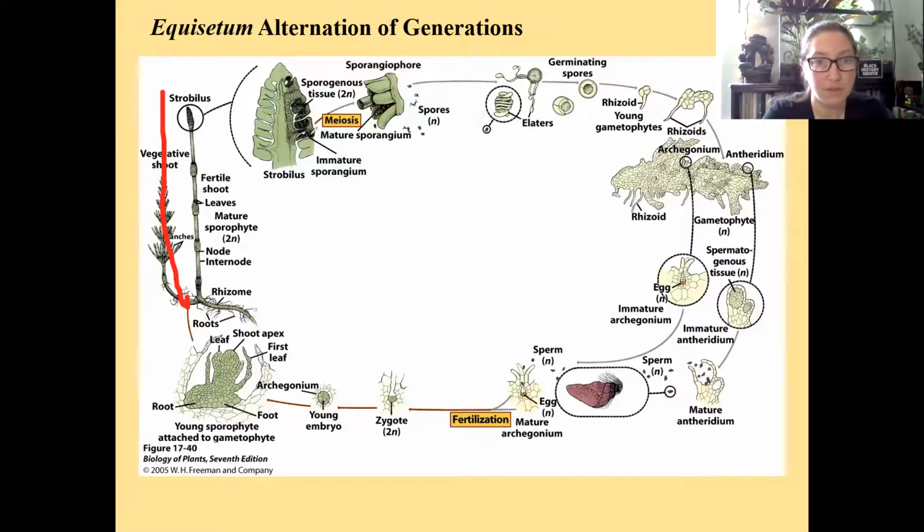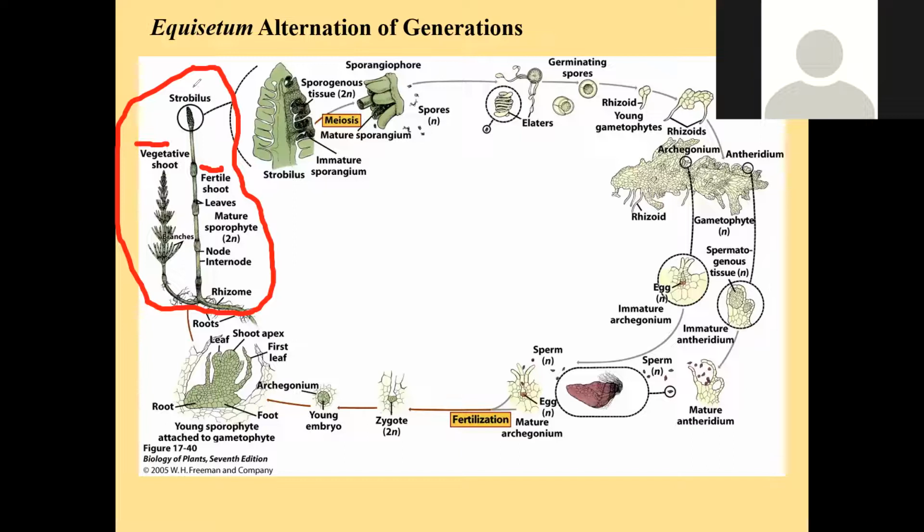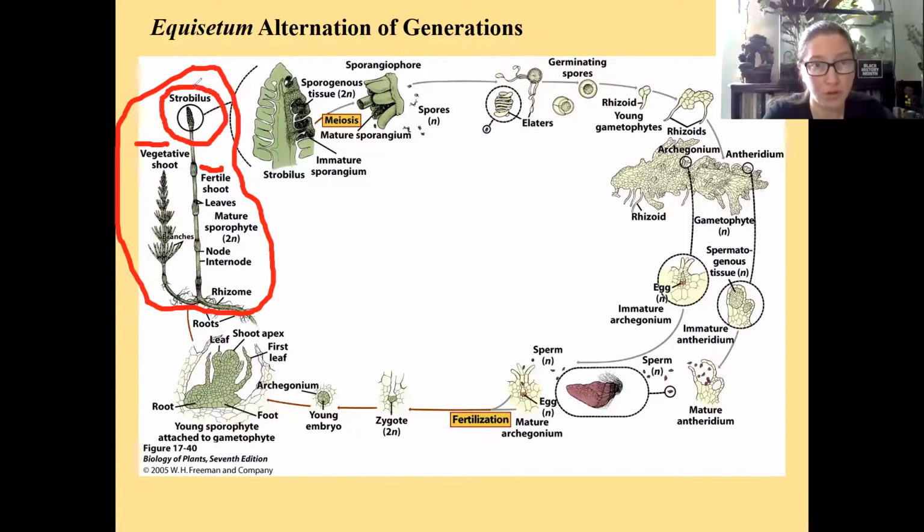This whole thing here is a horsetail sporophyte plant. At the tip of this stem, because remember, this species has some stems that just do photosynthesis and other stems that have the sporangia on them, we have a term we're used to, which is a strobilus.